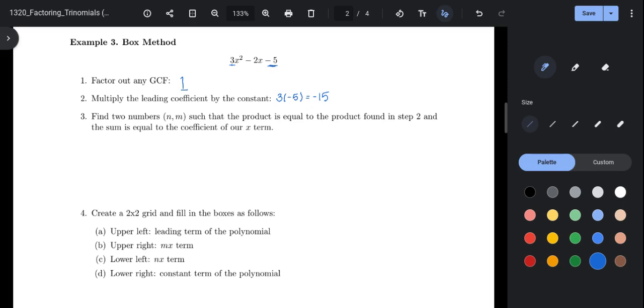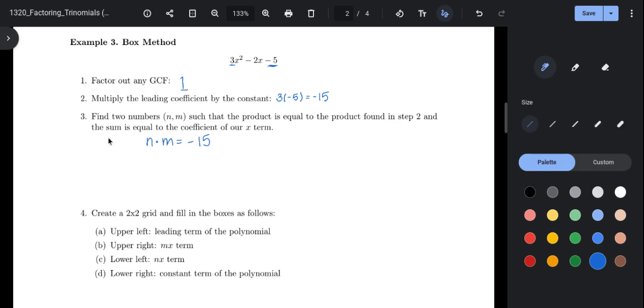So now moving on to the next step, it says that we need to find two numbers, just calling them n and m, because they're unknown right now, such that the product of them is equal to the product found in step 2. So in other words, we're trying to find two numbers, n and m, that when we multiply them, we get negative 15, which is what we got from step 2.